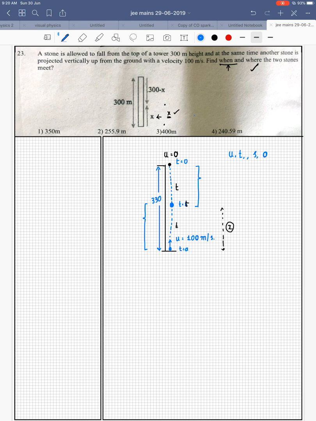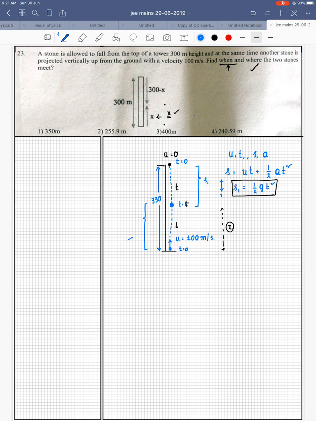I already know a for a projected motion, it's always g. I'll go for the formula s equals ut plus half a t square. Let me consider s as s1, and take the sign convention as positive. U is 0, half a is plus g t square. So s1 is half g t square.